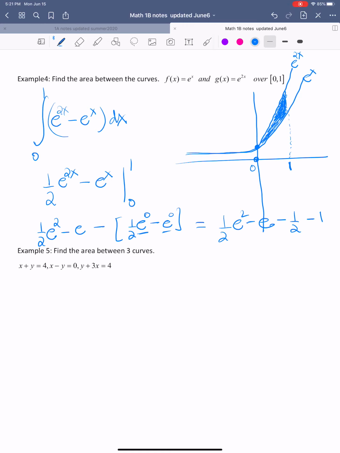Yep, this would be negative 1/2 e to the power 0 is 1 minus 1. That would be negative 3 over 2. 1/2 e squared minus e minus 3 over 2. And that's the area between these two curves.